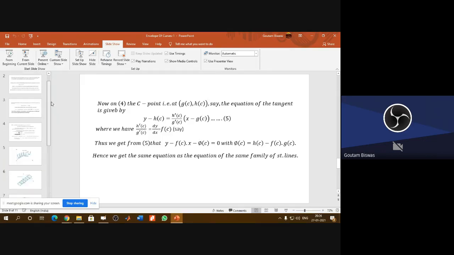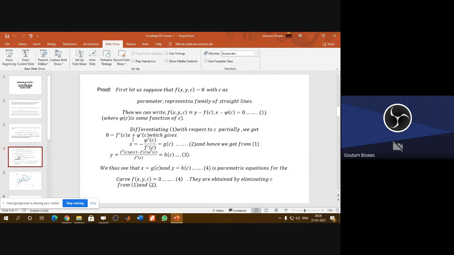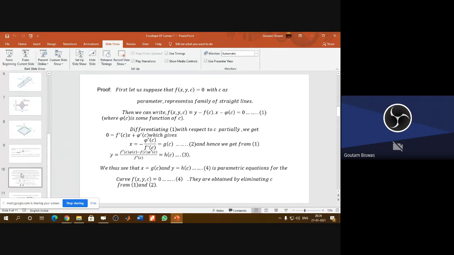As we have explained here, every equation can be converted to this form.